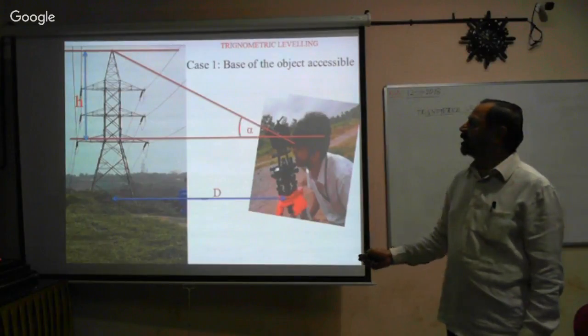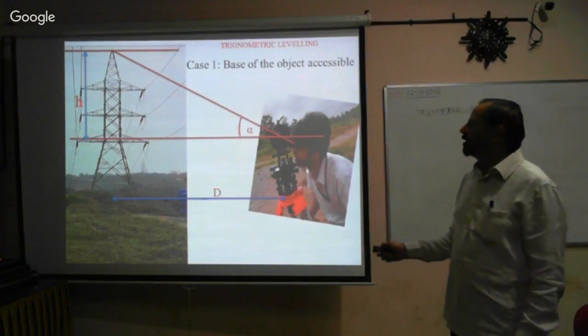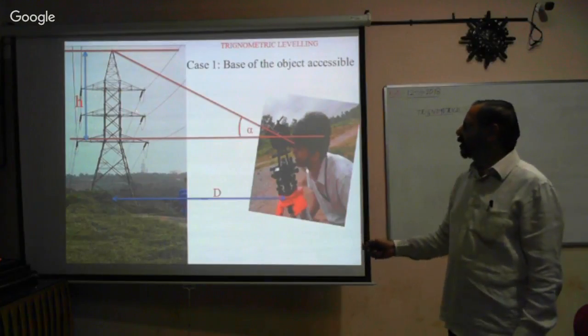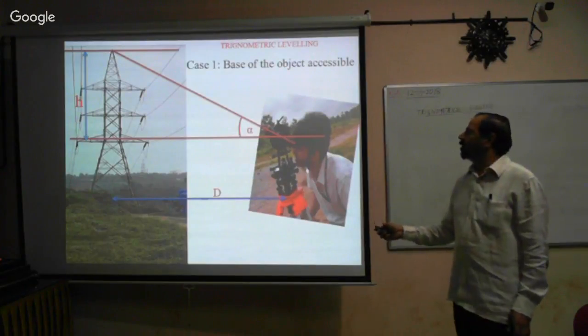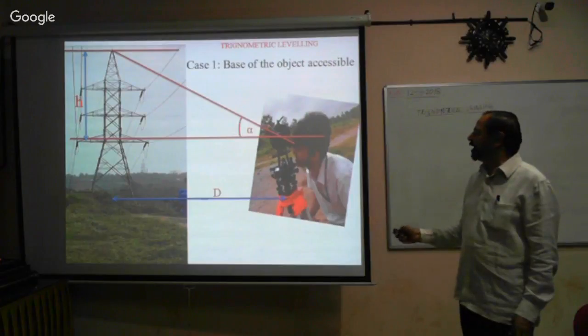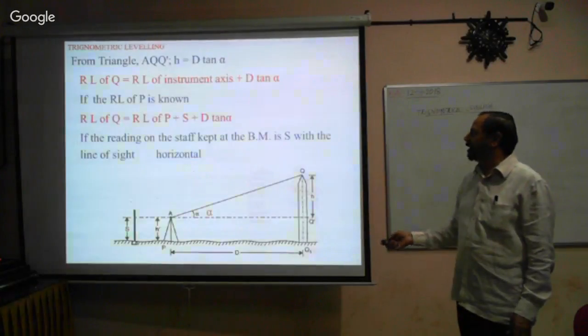The elevation of the object is then the benchmark plus staff reading plus H.